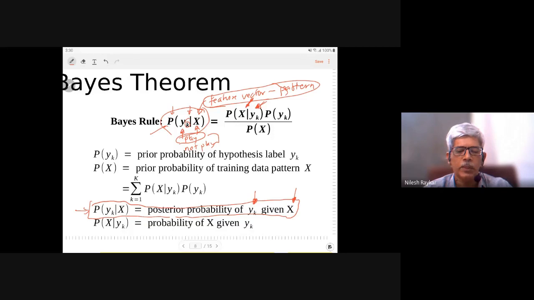Taking the example of the third quiz that we took, if somebody is playing tennis, what is the probability that the day would be sunny? Instead of only one variable, sunny, here we are talking about the day being sunny, humidity being low, wind being high. For this particular pattern, what would be the probability when somebody is playing tennis?